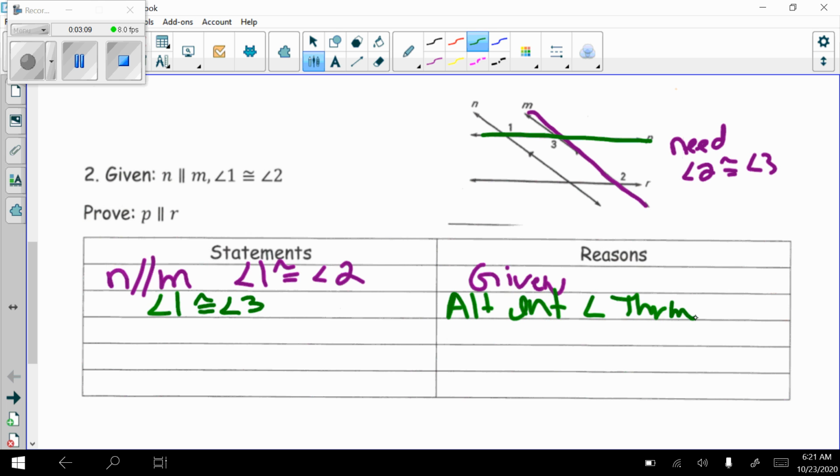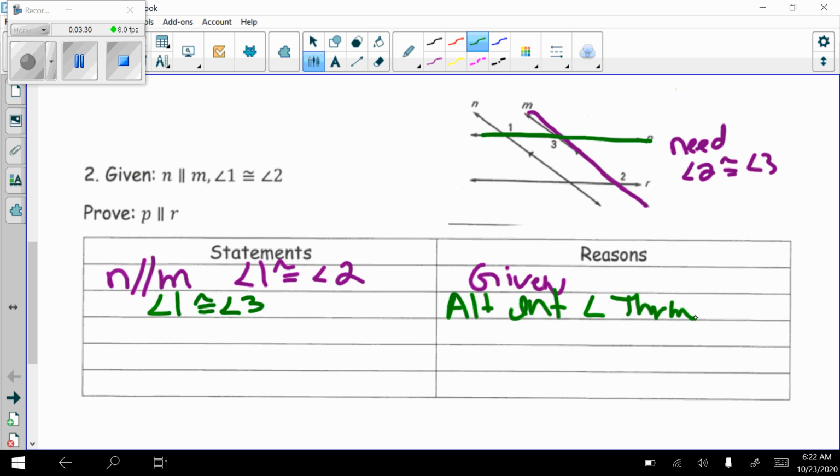I need to get 2 and 3 together. Okay, I have 1 to 2 and 1 to 3. I could do a transitive property if I could create a chain here. I need 2 to be first, so that I could go 2 to 1, 1 to 3.